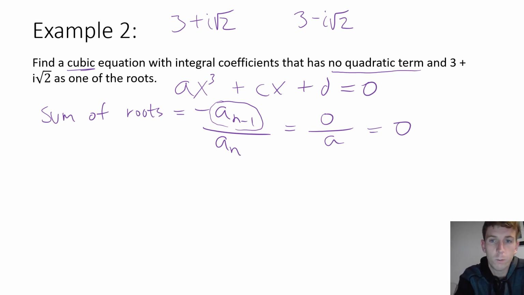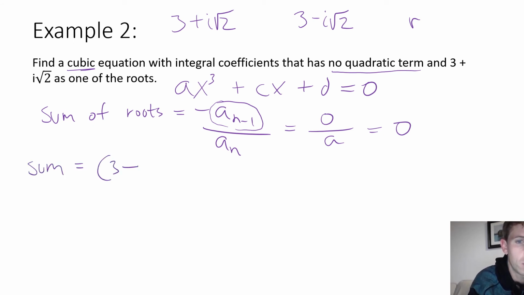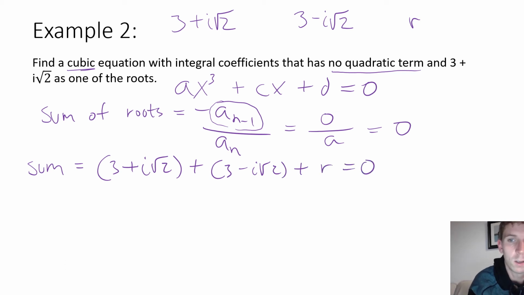If we know 2 of the roots, let's name our third root r. The sum is just going to be 3 plus i root 2 plus 3 minus i root 2 plus r equals 0.